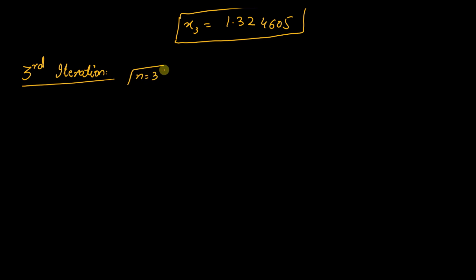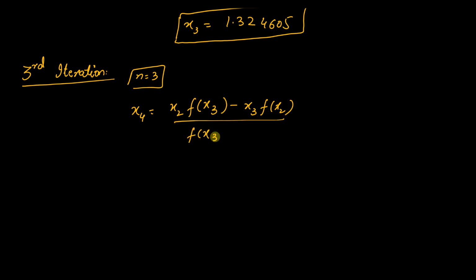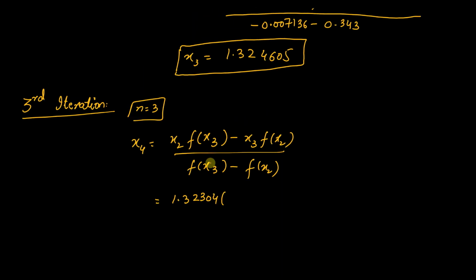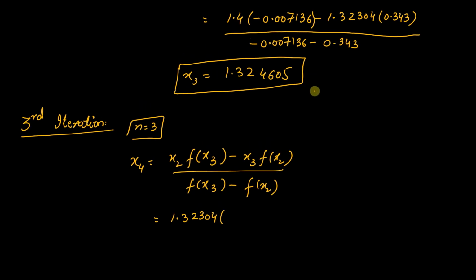In that case, we need to substitute n is equals to 3 and the customized formula is x4 equals x2 f of x3 minus x3 f of x2 divided by f of x3 minus f of x2. We need to substitute the values. So we have 1.32304, f of x3. Okay, we need to find the function value also. So here we have f of x3 is equals to negative 0.000481, that is less than 0.